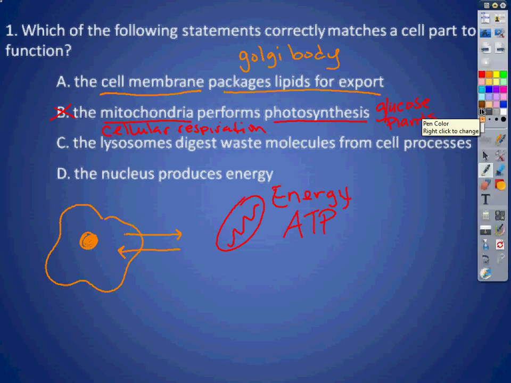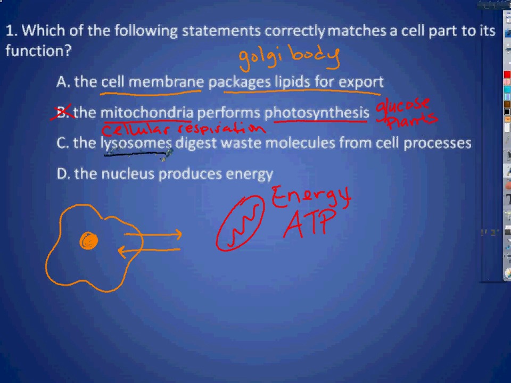So now we're to lysosomes. And lysosomes are usually drawn as sort of larger little circles all throughout the cell. And we had a little activity that we did with making a protein back in the lab. And what were the jobs of the lysosomes? What did lysosomes do?